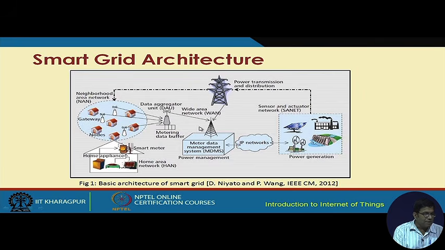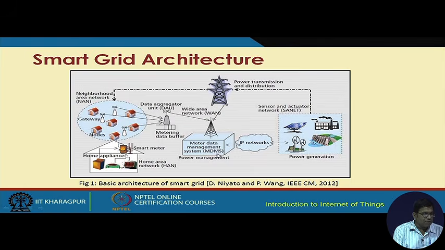Now, what is interesting is that this is more like the traditional flow of energy, but alongside it we also have connectivity to different networks. We have the sensors and different actuators being used in the power generation sources.